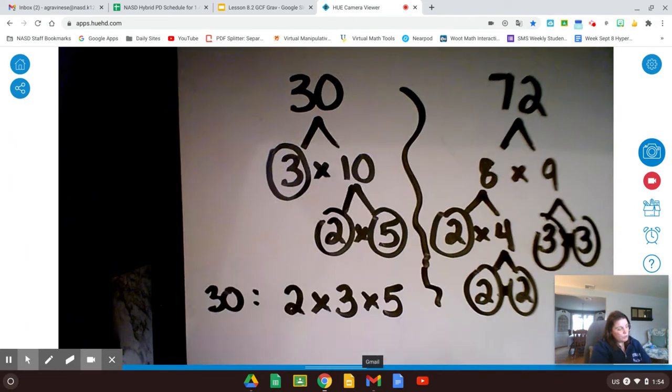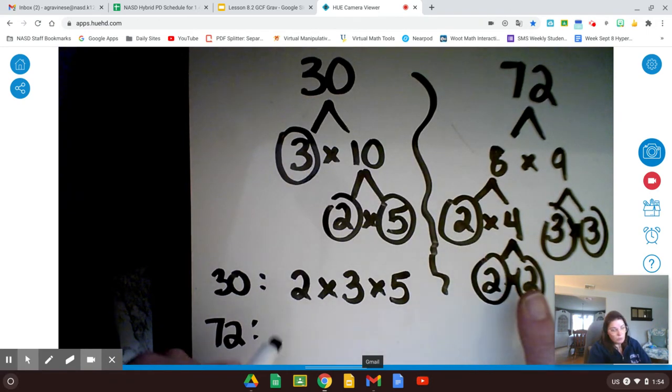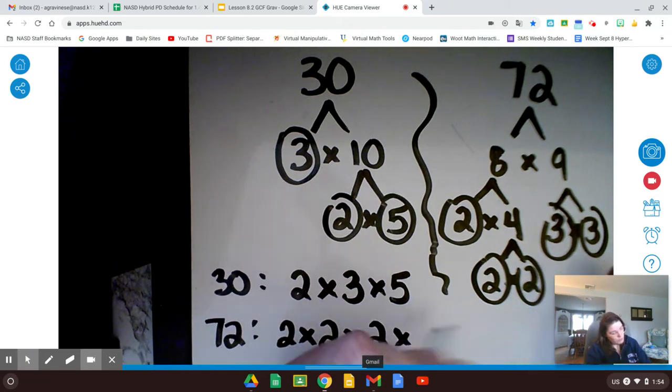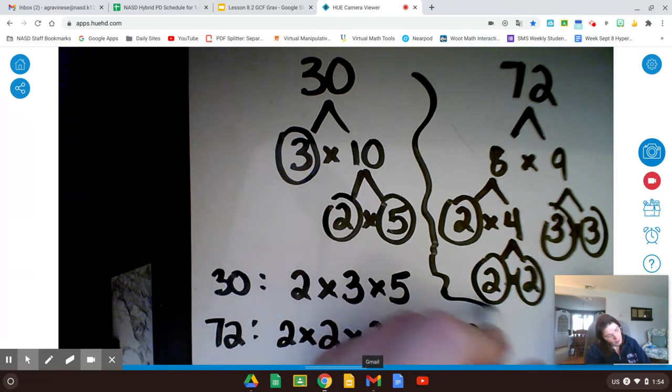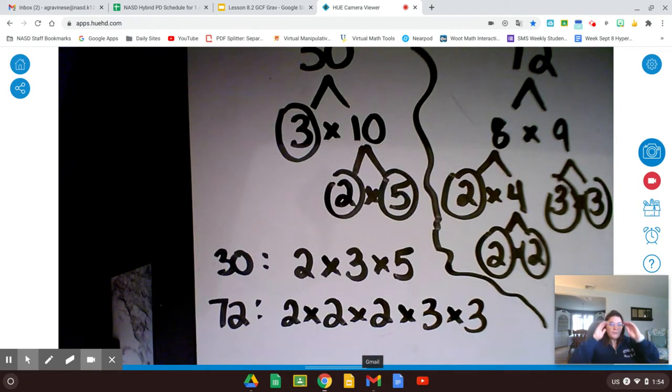So 72 is made up of 2 times 2 times 2 times 3 times 3. Now, I did that quickly, okay? If you are really struggling with doing these factor trees, then that's something that you want to go back and watch a video on or practice again, or maybe not do this method.